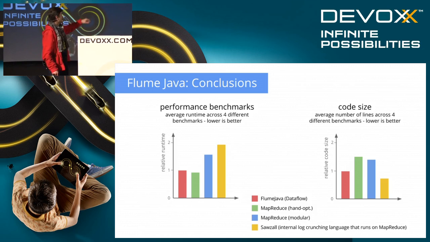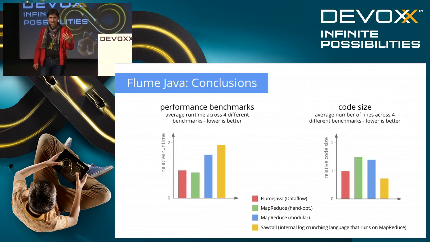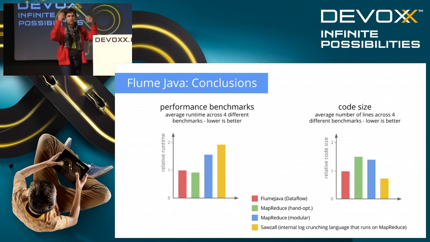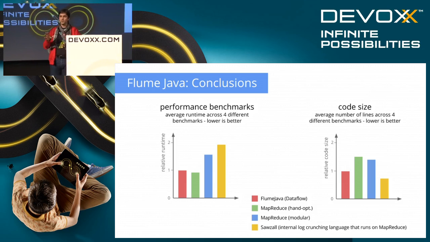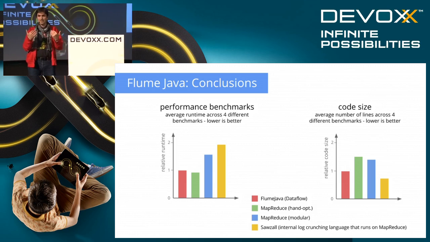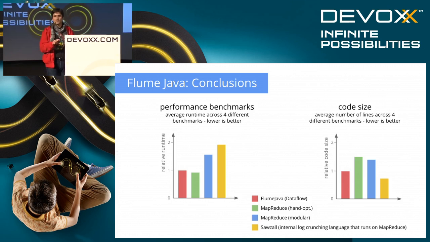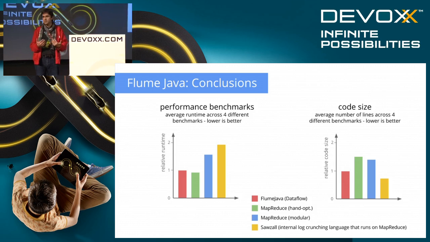But the performance is actually poor. And why is that? Well, Sawzall does not have this model of deferred execution where you create a graph, optimize the graph, and all that. And also, it's a high-level language, which means that it doesn't have any low-level primitives that would allow you to optimize your MapReduces by hand.